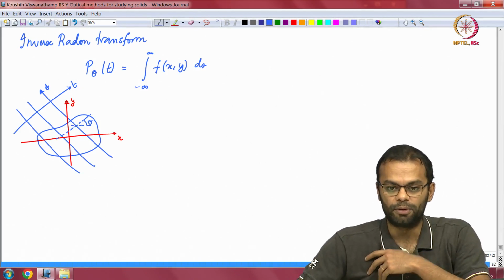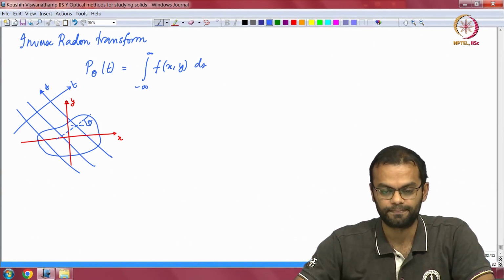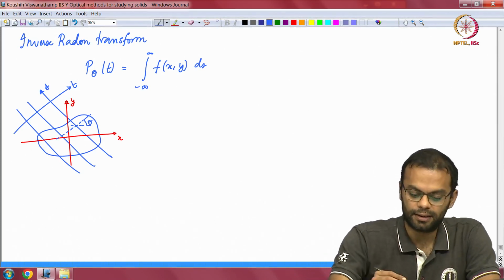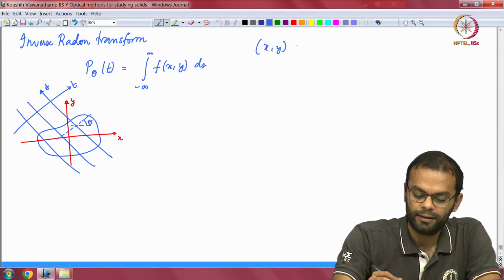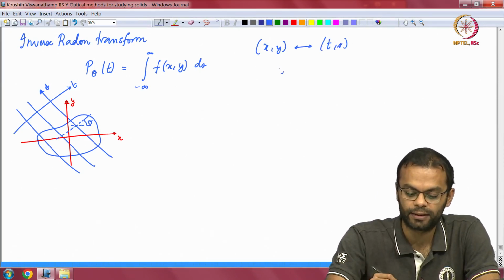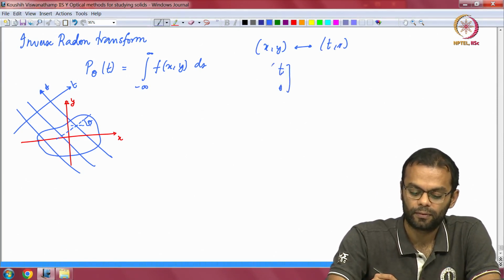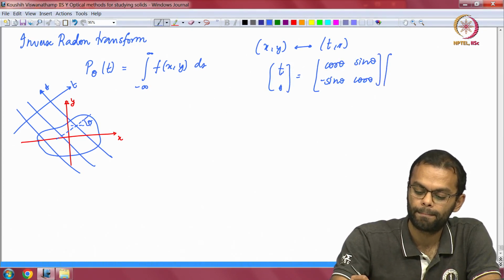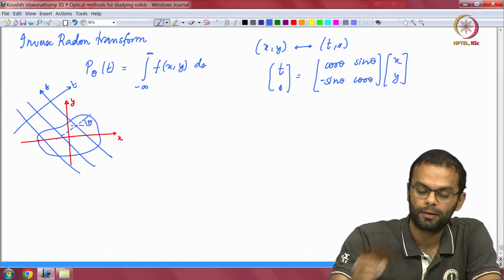n hat dot r bar was equal to t, that was our equation of the line, and we discussed that you can transform from x comma y to t comma s using a rotation matrix, right. So t s was just this cos theta sin theta matrix times x y.